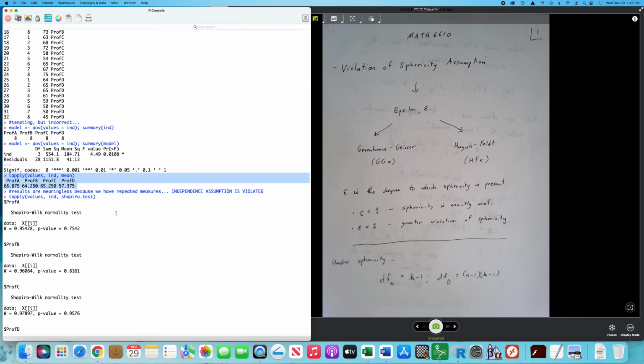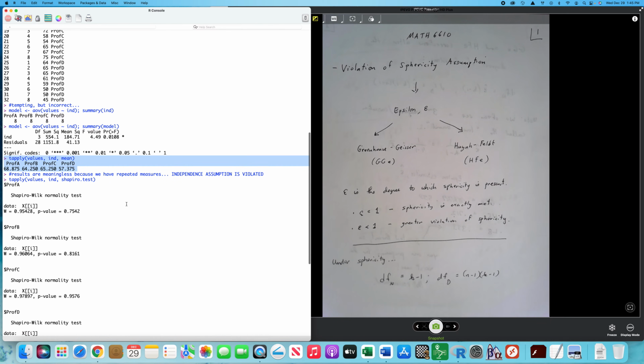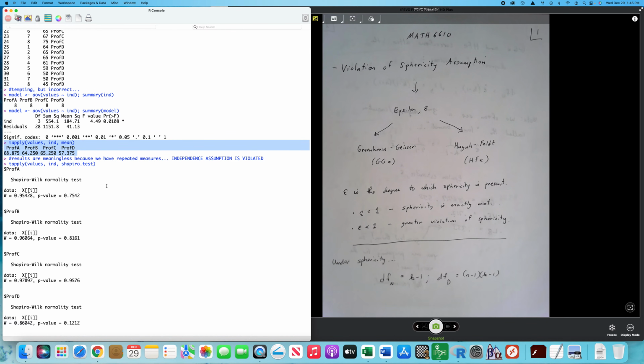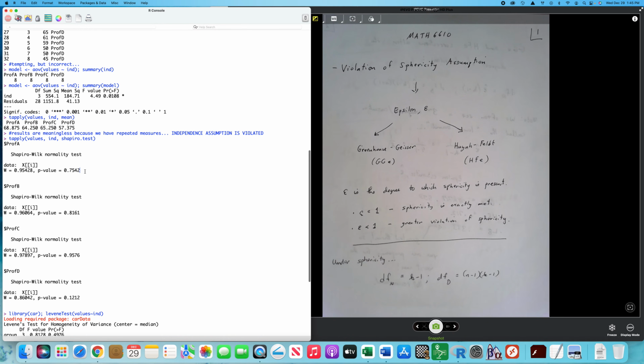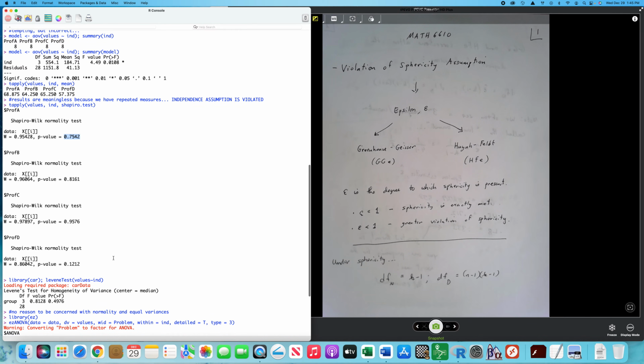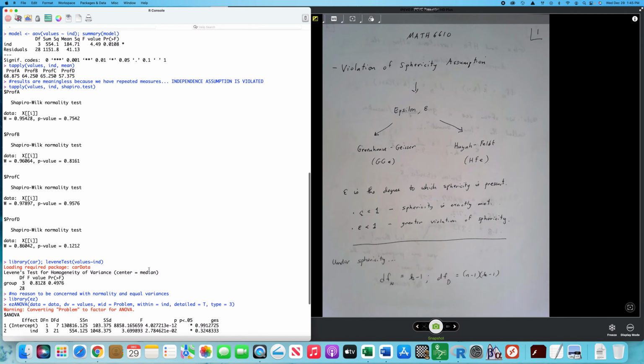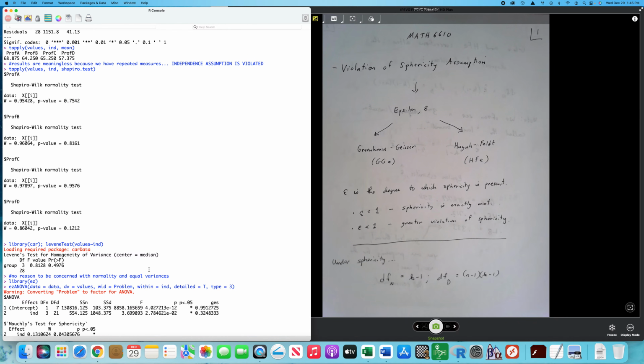So I'm just very quickly going to go through some of the assumptions. For the test of normality, we look at each one of these, greater than 0.05. So I can assume that the normality assumption is not a concern. Again, I would want to look at a QQ plot.